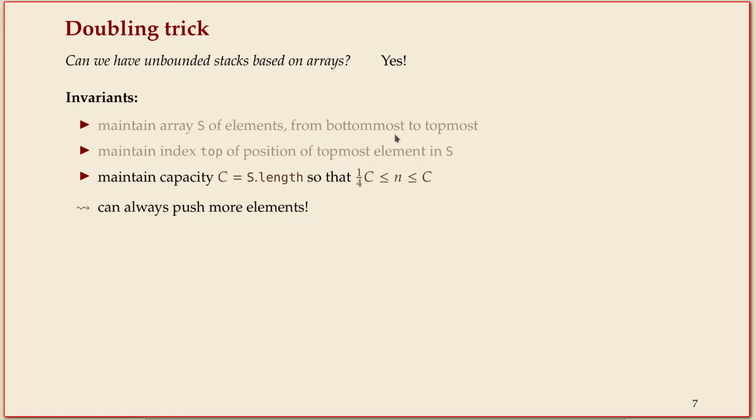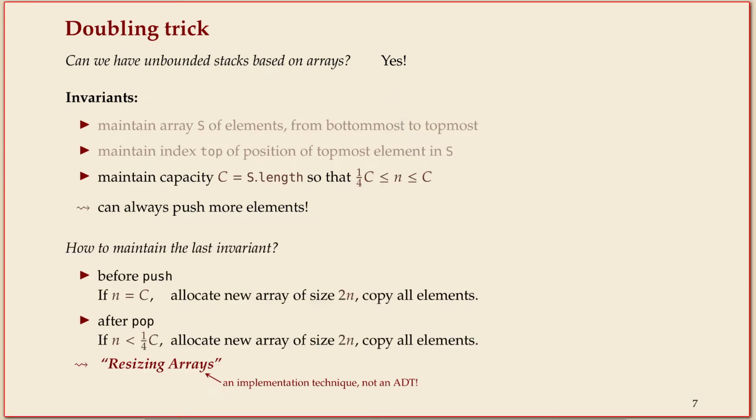The rest of the implementation remains unchanged. We keep an array and we keep an index of the topmost element. Now, how do we make this magic happen that we always have the capacity like this?